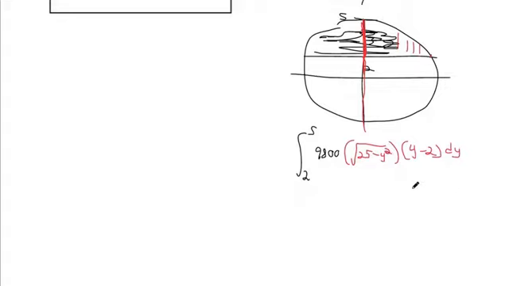This one can be solved using u substitution. We'll let u equal 25 minus y squared, the entire inside of that square root. Then du equals negative 2y dy. So we don't have dy. We could get it, but the algebra is going to be kind of weird.